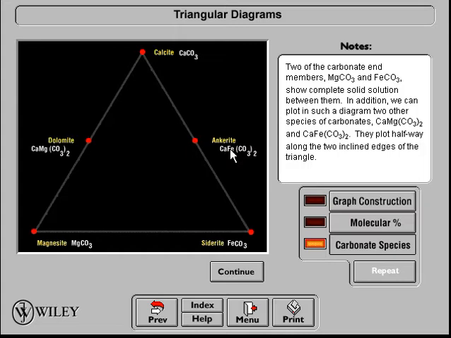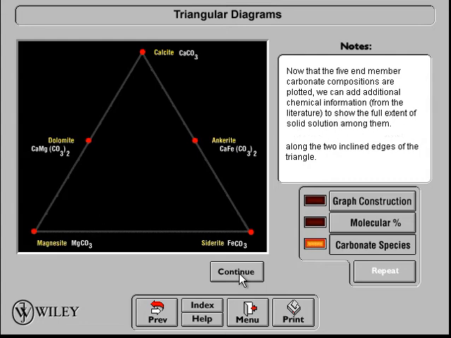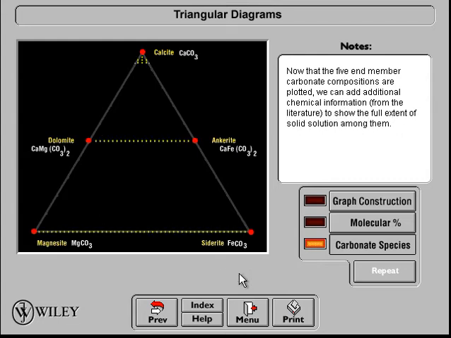They plot halfway along the inclined edges of the triangle. Continue. Now that the 5 end member carbonate compositions are plotted, we can add additional chemical information from the literature to show the full extent of solid solution among them.